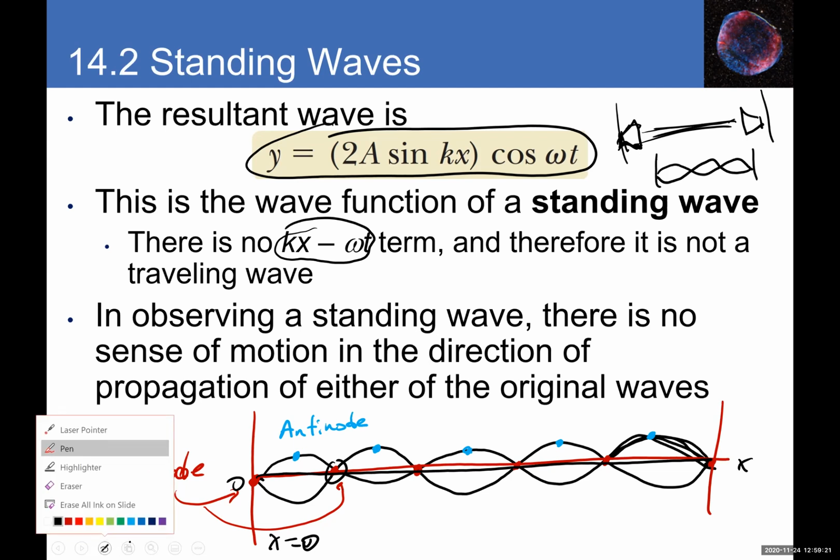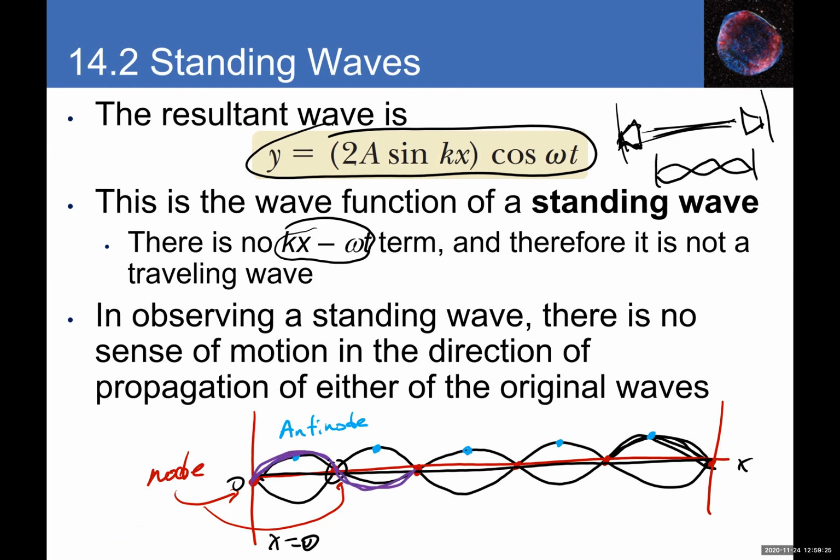This is the shape of one wave. Well, the next node is exactly half a wavelength, right? Half of that distance. What is the next node? Well, it's exactly one wavelength of distance. How about the next one? Well, it's 1.5 wavelengths, that means 3/2 wavelength, and so on and so forth.